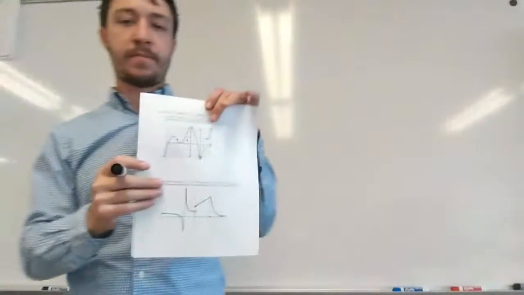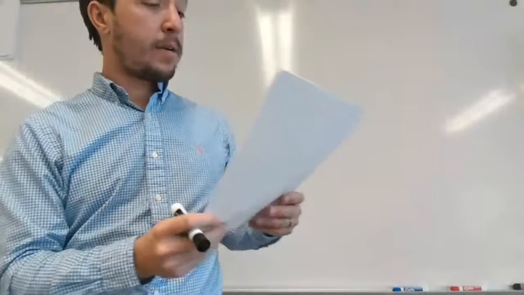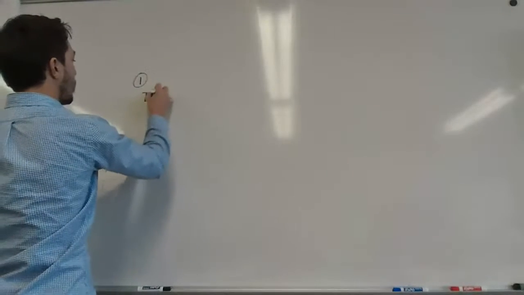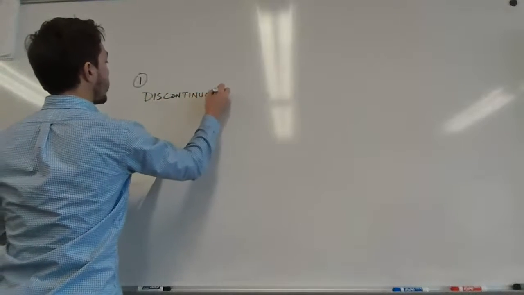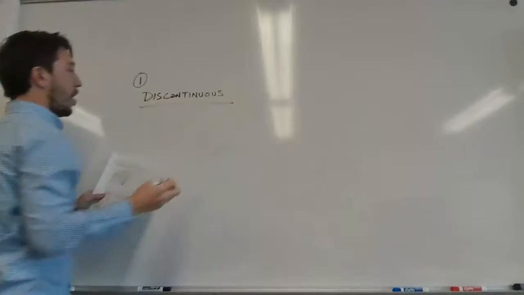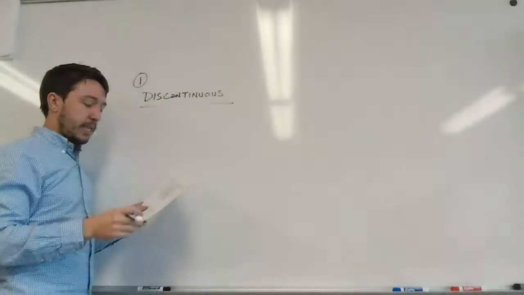So look at number one. Where is this graph discontinuous? We can keep using our intuitive definition: anywhere you have to pick up your pencil to keep drawing the function.